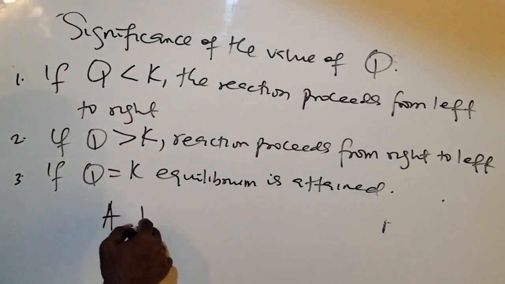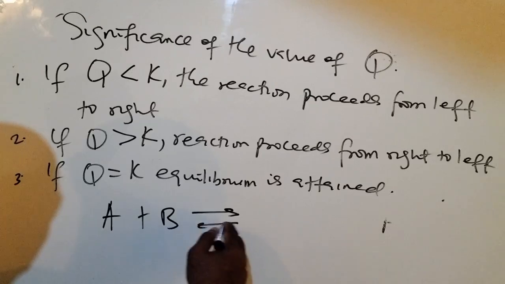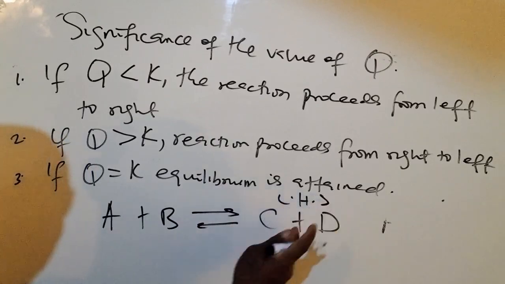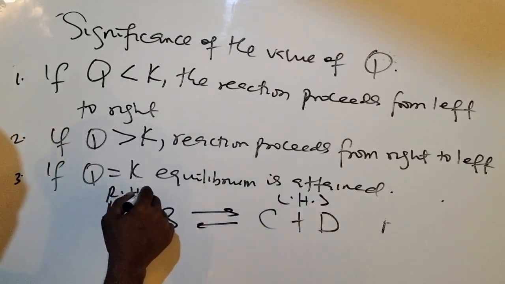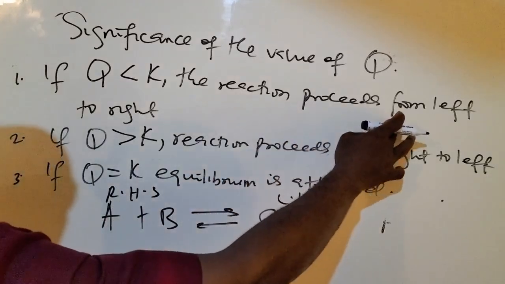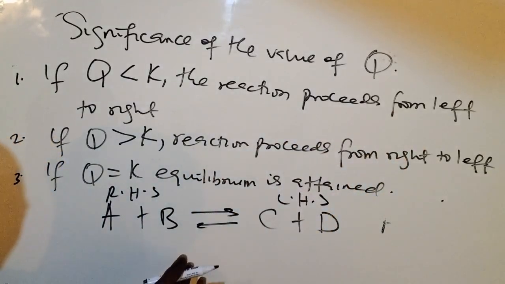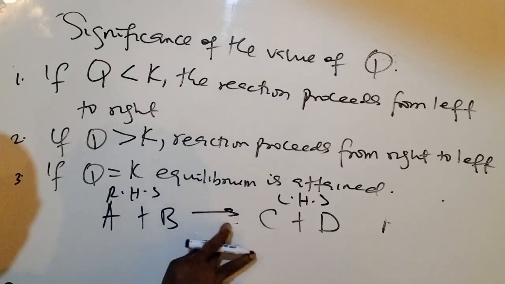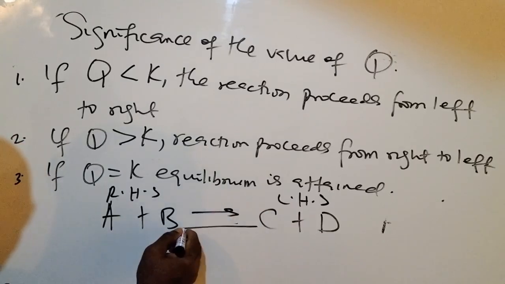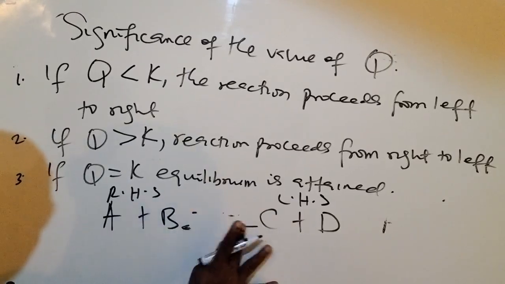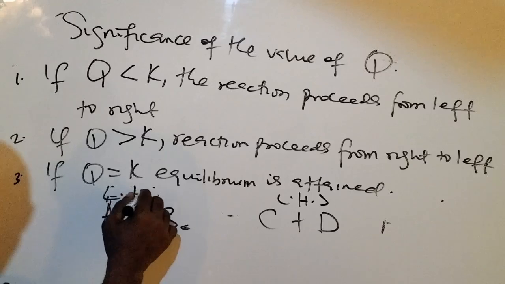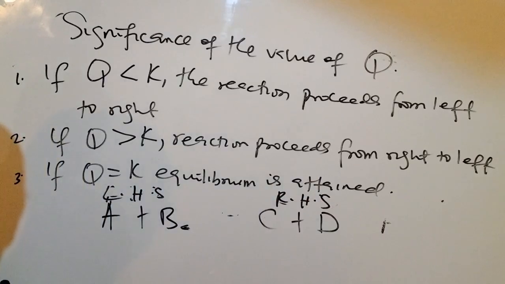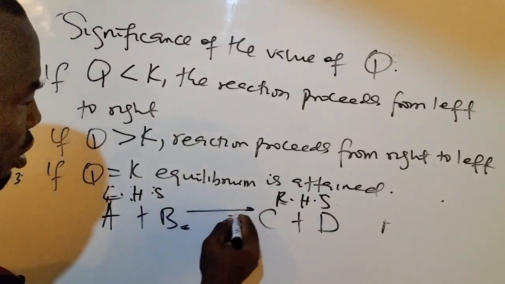You have a reaction at equilibrium, like this example on the board. This is the left-hand side of the equation, and this is the right-hand side. So when I say the reaction is moving from left to right, it means the forward reaction is favored.